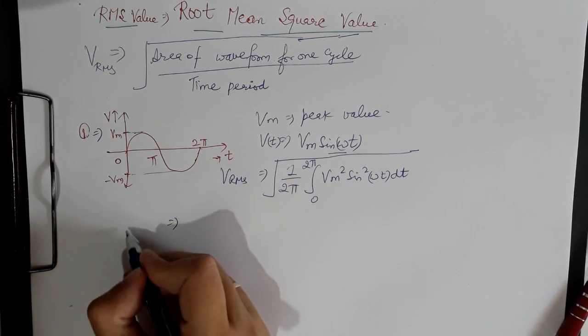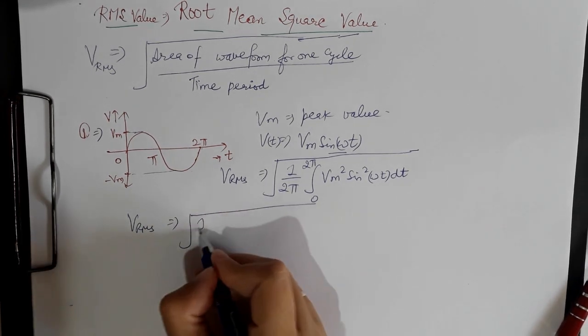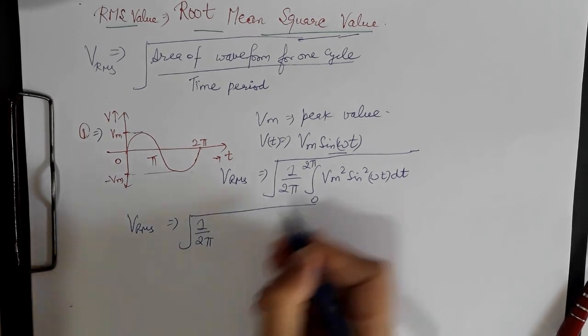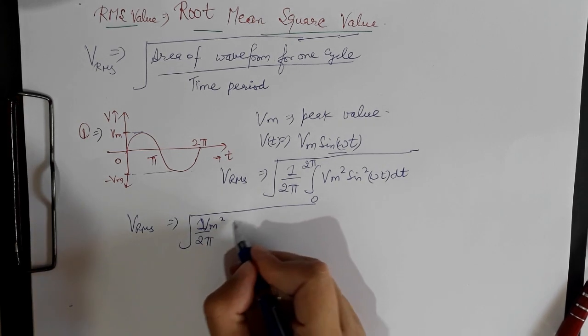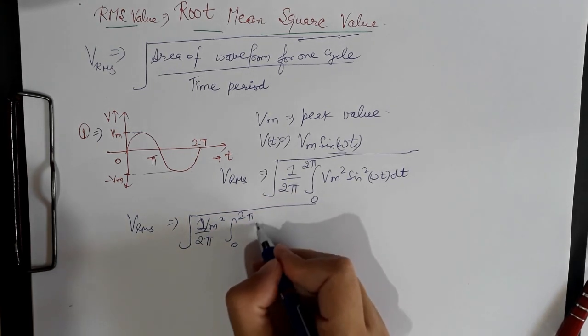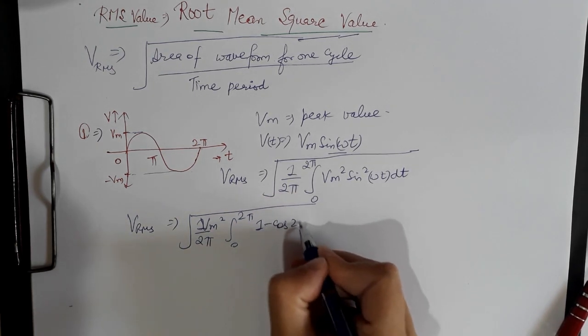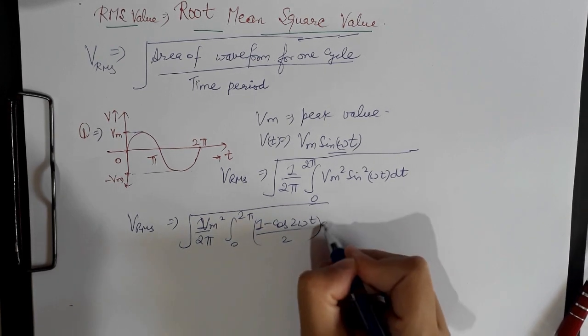Now solving it, VRMS is 1 upon 2 pi. This Vm square is constant, taking it outside, Vm square 0 to 2 pi sine square omega t is 1 minus cos of 2 omega t upon 2 using this formula dt.